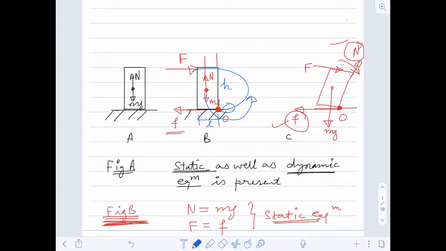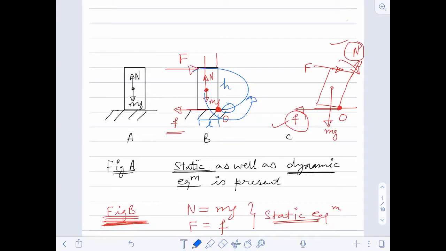Suppose you have a huge block; you can topple it, rotate it, make it dynamically unbalanced even with a small force, if this normal does not shift its location.